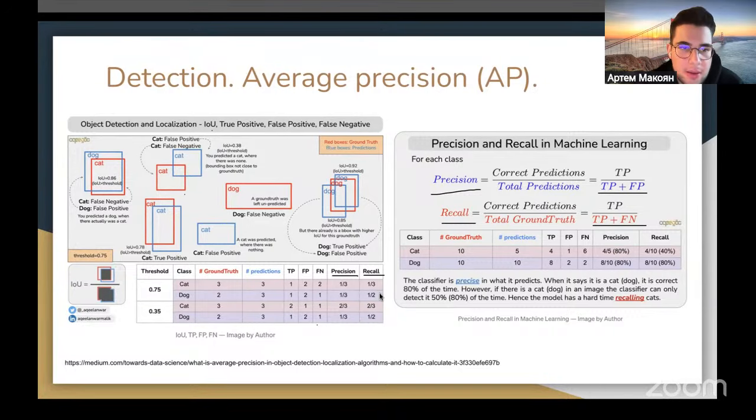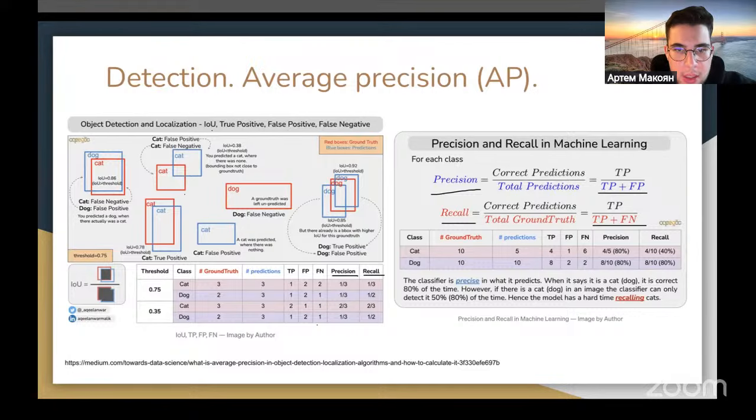It's occasionally. So the result depends on threshold. What threshold to take? If we take a very, very big threshold, then even for close bounded boxes, we will say that intersection over union is less than 1, for example, if we take threshold 1.